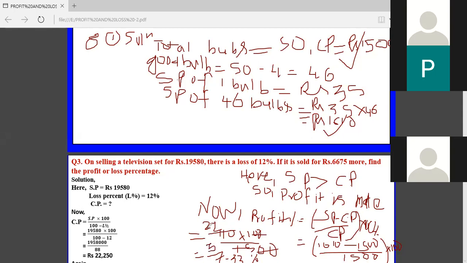When you divide 22 by 3, you get 7 whole number 1 by 3 percent. We can write the answer in mixed fraction also, okay?